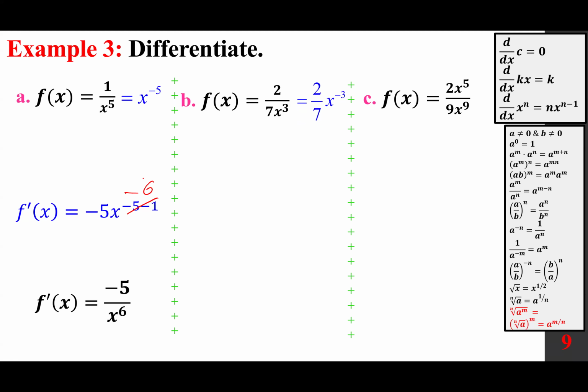2 over 7, x to the power minus 3. We are getting it ready for the power rule. Which means 2 over 7 times negative 3, x to the power of, now take it down by 1.